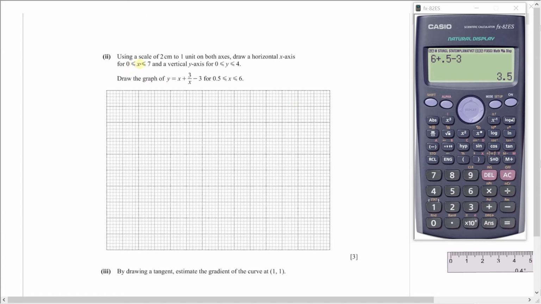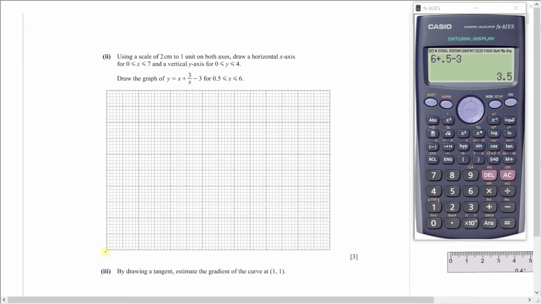The next part is using a scale of 2 to 1 on both axes, draw horizontal axis for x from 0 to 7 and vertical axis for y from 0 to 4. Then you have to draw the graph of this equation for x greater than or equal to 0.5 and less than or equal to 6. You have to use 2 centimeters to represent 1 unit. So let's start with the x values here.